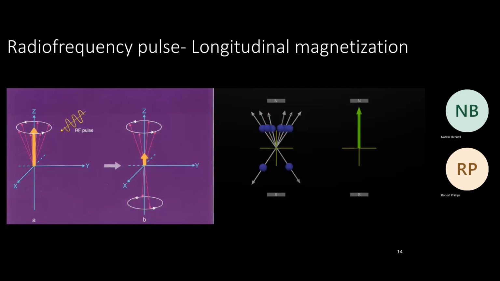So now, these arrows are just a vector of the proton. So when we apply external wave, Larmor frequency, to the proton, some of these protons get energized and they flip around towards the antiparallel side, which causes a decrease in longitudinal magnetization.